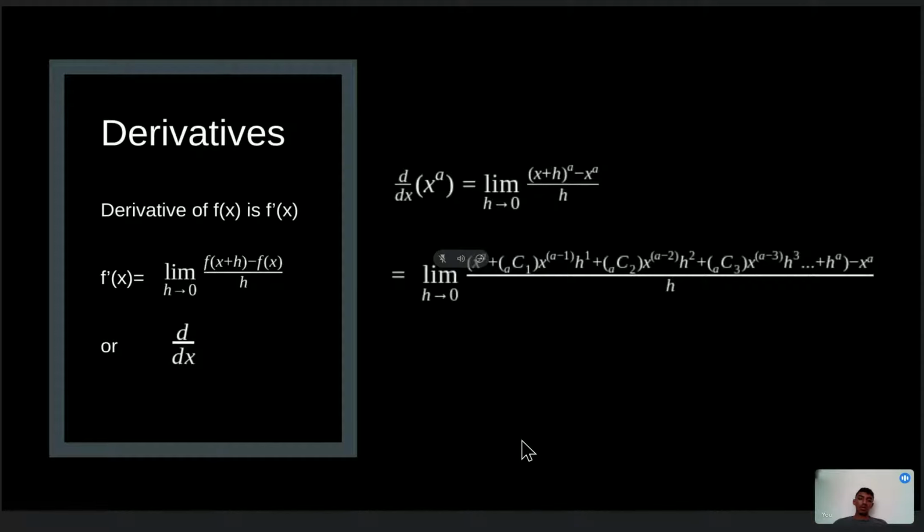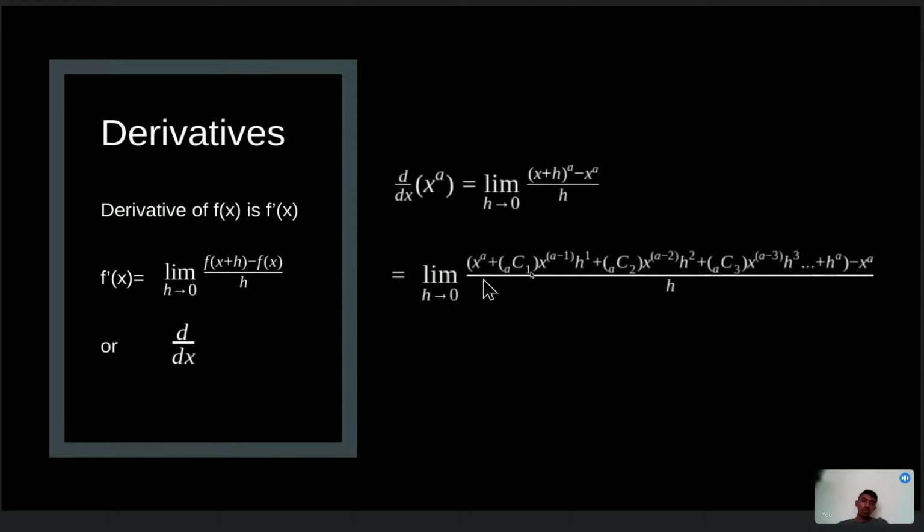And now if you know binomial expansion, we have to expand the whole x plus h to the power of a like this. And then we minus x to the power of a at the very end, because that's what was here before. And we divide it all by h.